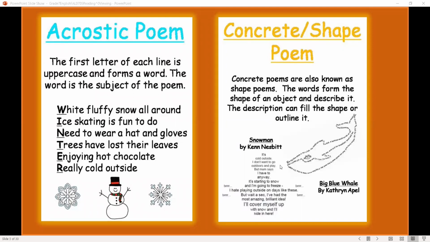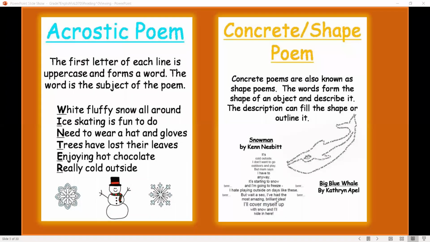It's a challenge to do, and it can be fun once you've got the grip of it. So the words form the shape of the object that describe it, and then the description can fill the shape or outline it. So generally you would maybe draw your image first and then either fill it up like the snowman or write around the edges like the big blue whale by Catherine Appel.